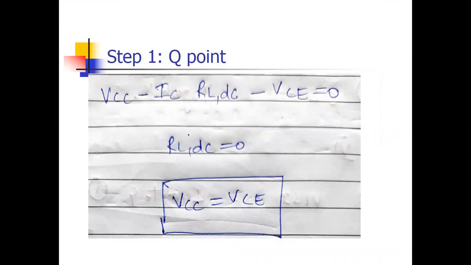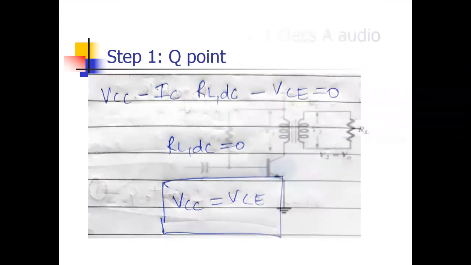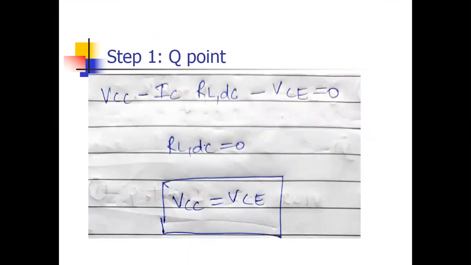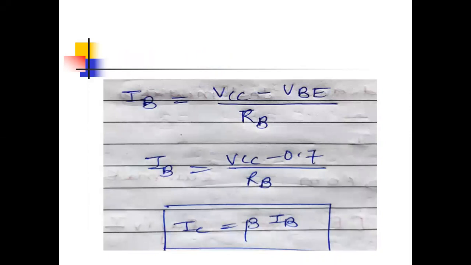But there is no load resistance, that value is 0. This is a transformer, no resistance here. Or we can say there is no current across this load resistance. So this term is basically 0. VCC equals VCE.